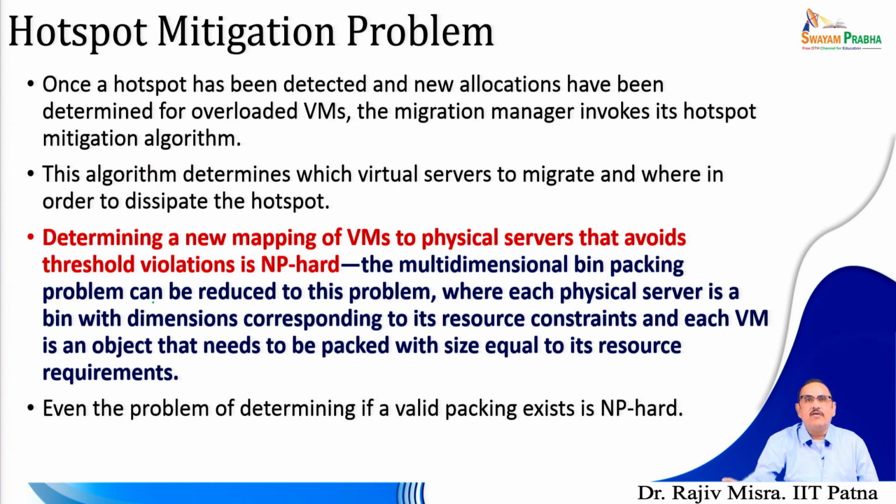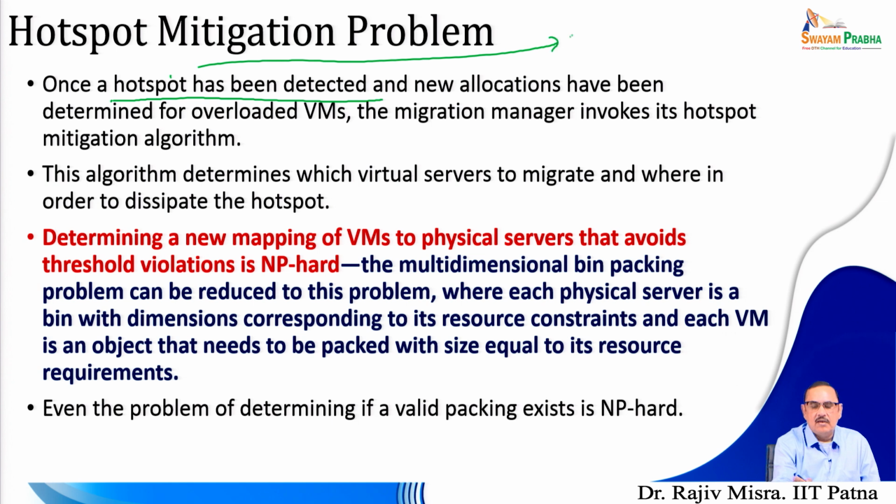So, once a hotspot has been detected, what is a hotspot? First of all, we have to understand that a particular physical server or physical machine is experiencing a lot of load from virtual machines. All the virtual machines are bringing up too much load, virtual machine 1, 2, 3, 4.